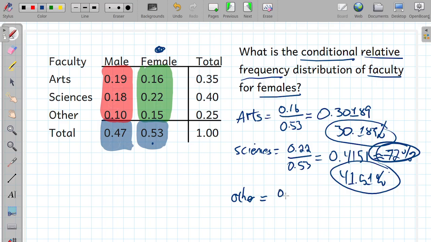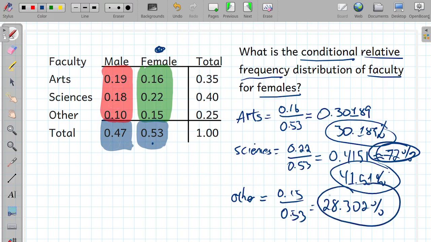Here is 0.15 and 0.53. So 0.15 divided by 0.53 is 28.302%. So again, a little bit of eyeball work. You don't have to use a calculator. You can see if you're really on track or if you've made any mistakes.